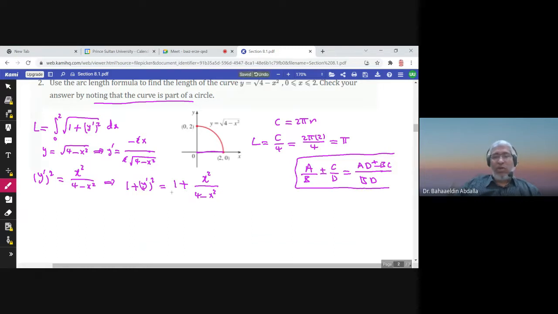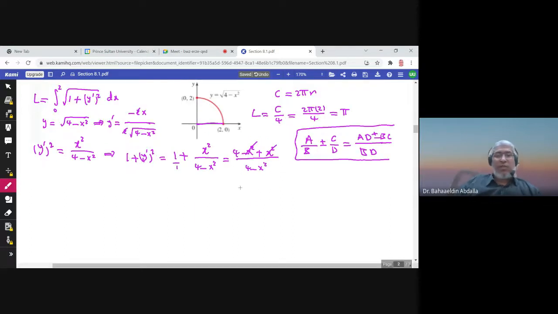So here, this is 1 over 1. So let us add. So we will have 4 minus x squared times 1, plus 1 times x squared. X squared cancels with x squared, and this would be 1 plus y prime squared.